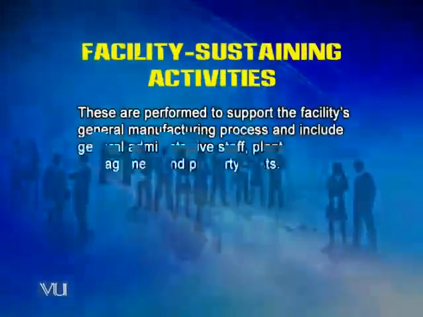This will normally include the support that is being provided to the organization. This will include the kind of activity that ensures continuity of the organization. Product sustaining was ensuring the continuity of the product. Facility sustaining is going to ensure the continuity of the facility.